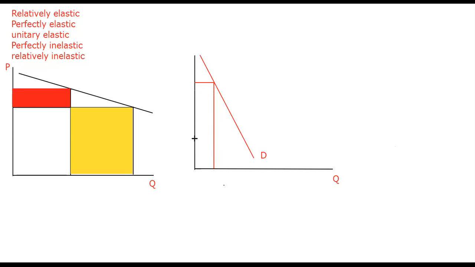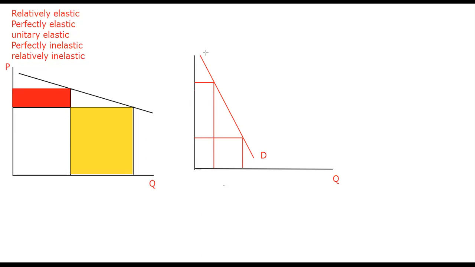Let's say it's a price increase so that it makes sense. This was the initial price, and this was the initial quantity demand. Price has increased from this point to this point.